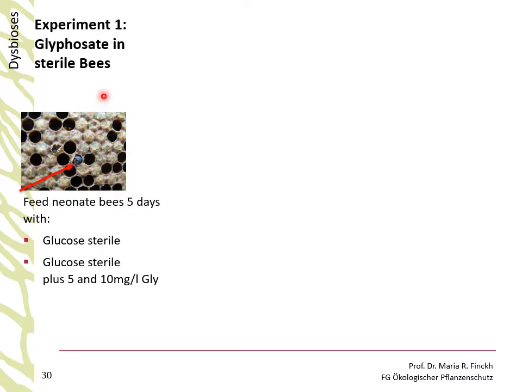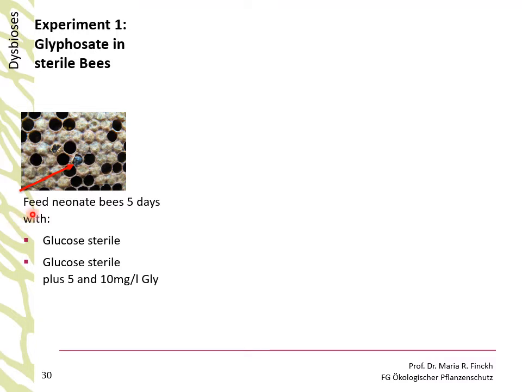The experiment was done like this. Here you see a neonate bee emerging from the pupa. They took them out directly at this moment from the beehive and fed them for 5 days, either with sterile glucose or with sterile glucose including 5 or 10 milligram per liter glyphosate. And I will talk about this concentration in a moment.